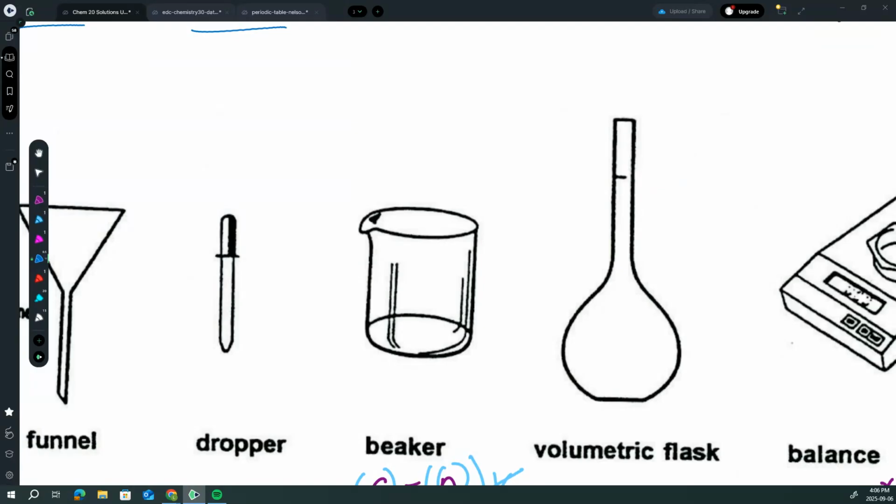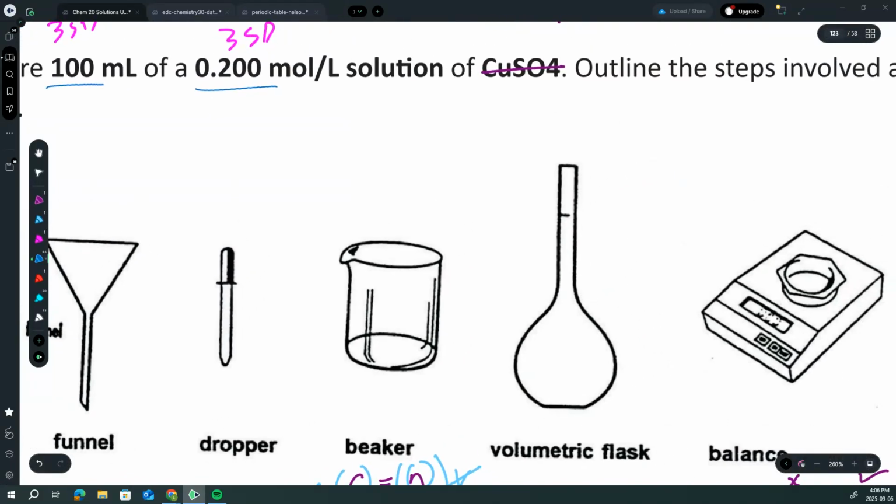So essentially the whole point is to make a solution of a known concentration, and how you do that is by using an incredibly accurate item such as a volumetric flask to create the solution. Okay, and once you have that solution created, you'd put a stopper in the top, and then you would invert this volumetric flask.